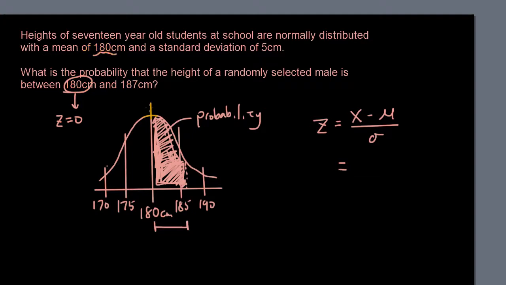The mean has a z-score of 0. So if I have another row called z-score, the mean would match up to 0. 185 would match up to 1, because it says standard deviation is 5 centimeters. So 1 standard deviation, which is 1 z-score.